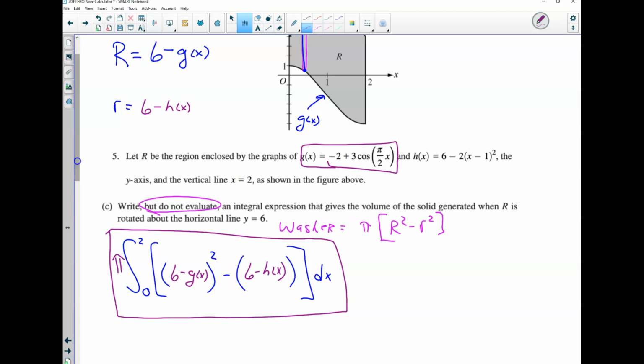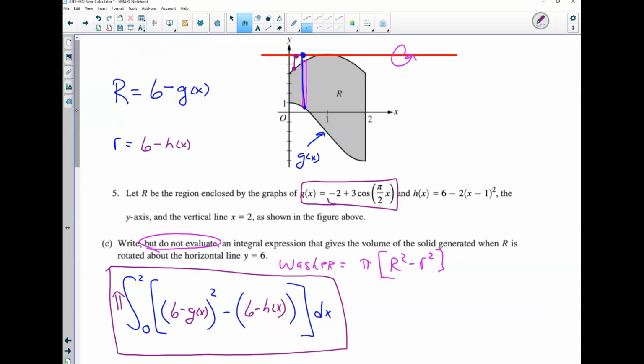So is the top and bottom function essentially flipped because when you rotate it, the bottom function ends up being on the outside now? It does, but remember, when you're defining your radii, you're going from your axis of rotation to your originally drawn figure for your top and bottom. But it kind of does flip-flop over.